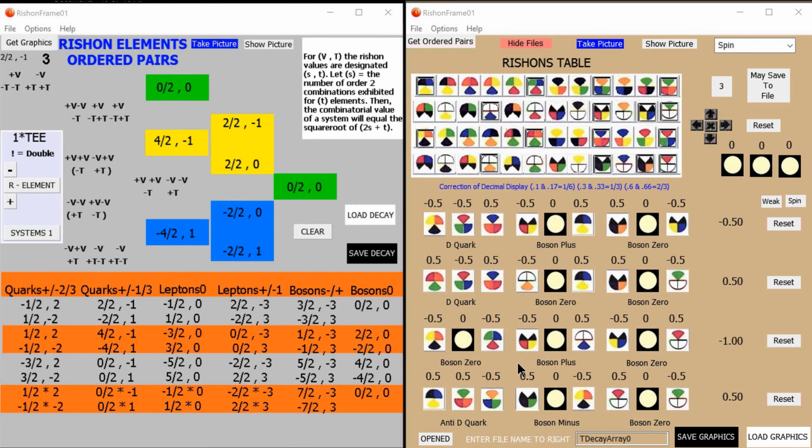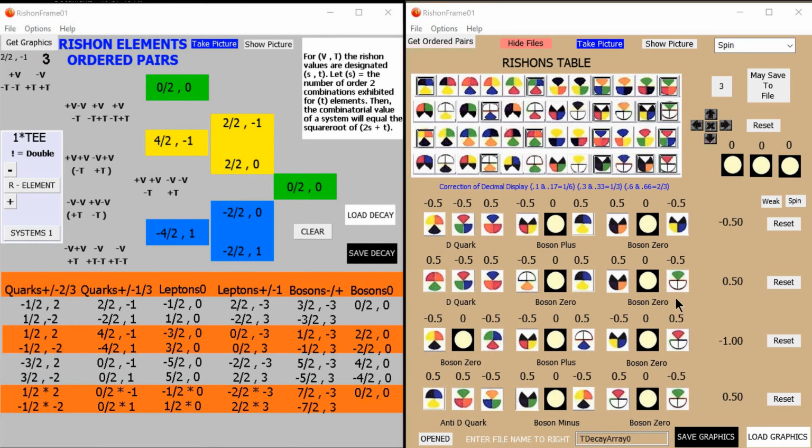So we have a minus 1 spin summing on the W boson plus, carried away from the original T quark. And if we look at the anti-T, we'll see that it begins with a right-handed spin, the opposite of the T quark, which began with a left-handed spin.